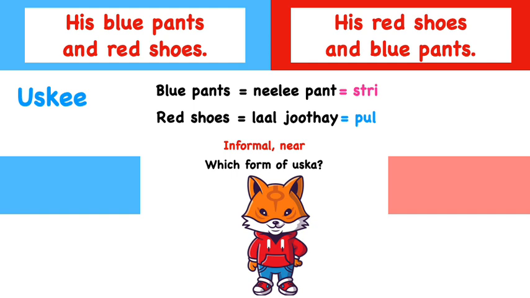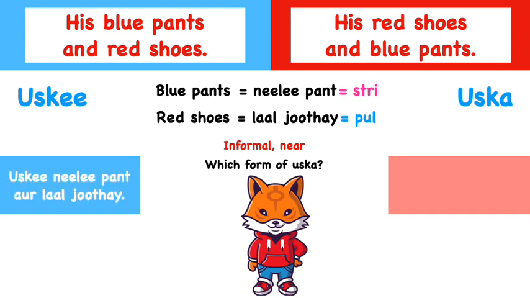Joothay is a pull noun, so we would use uska. Now, let's see both sentences in full. Uski neeli pant or lal joothay, and the other, uska lal joothay or neeli pant. So the trick is use the noun that's closest or first to determine which possessive pronoun you're going to use.